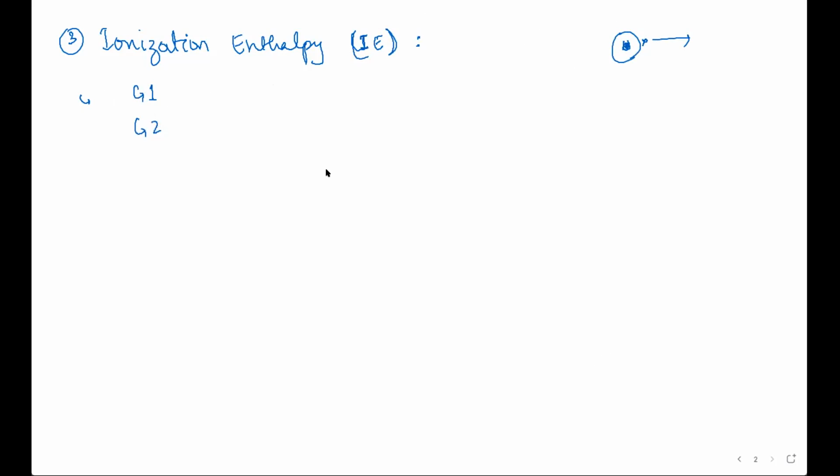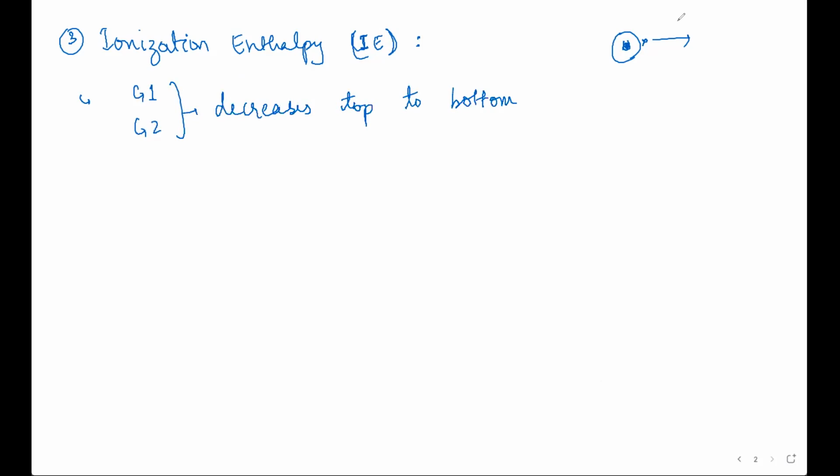It should decrease down the group. Ionization enthalpy should decrease. Okay. The same for group 1 and group 2, or is it different? It should be the same only. Same, ma'am. Yeah. And the reason why? Because when you go down the group, the size of the atom increases. Therefore, the electron moves further away from the nucleus.